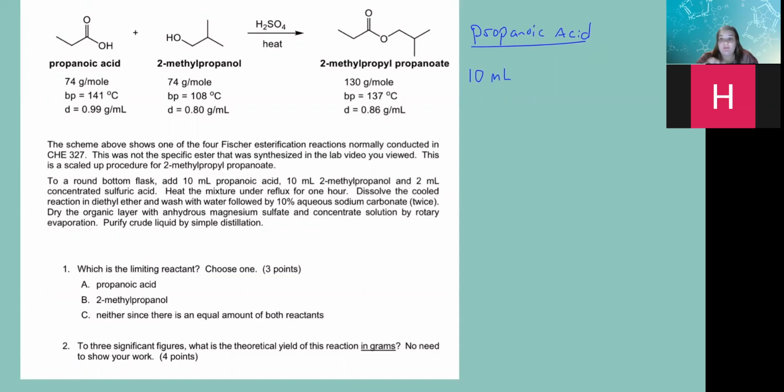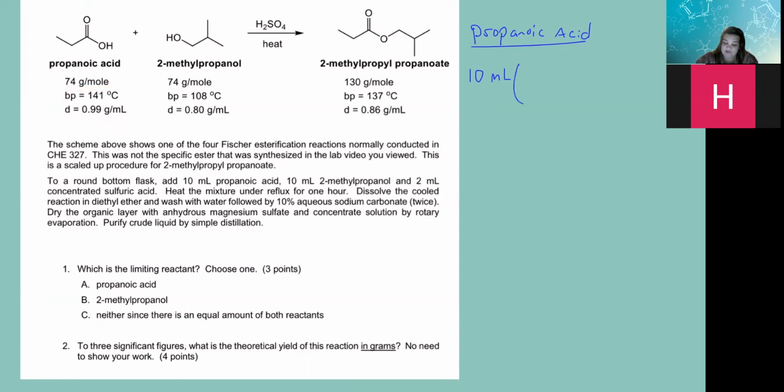Our ultimate goal is to turn milliliters into moles. So we have to use this information here. So we have 10 mLs of propanoic acid. The only option we have is the density. Density will convert mLs to grams, and then we can use the mass to turn grams to moles.